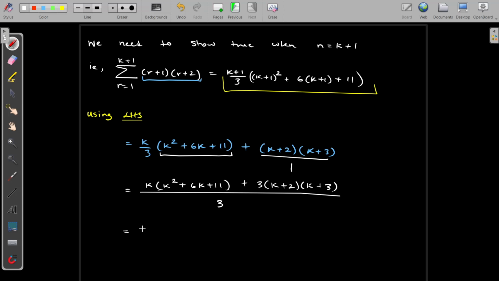Alright, let's distribute. So that's k cubed plus 6k squared plus 11k plus 3k squared plus 15k plus 18. Let's see if we can go any further.